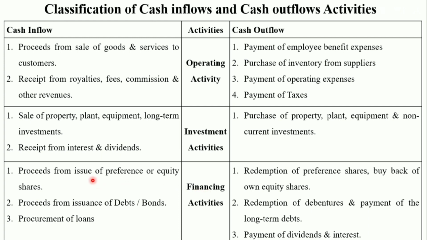For example, cash inflows are proceeds from issue of preference or equity shares, proceeds from issue of debt and bonds, procurement of loans. Then cash outflow: redemption of preference shares, buyback of own equity shares, redemption of debentures and payment of long-term debt, payment of dividend and interest are the cash outflows representing the financial activity.